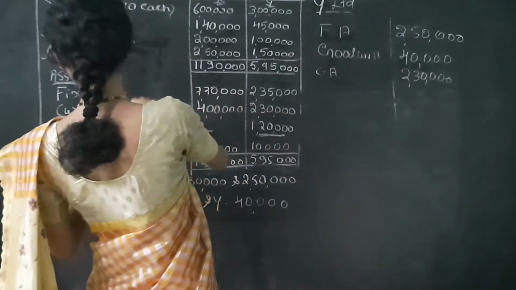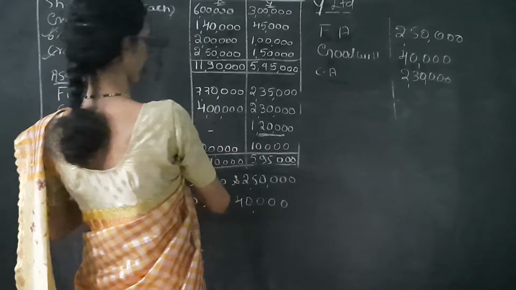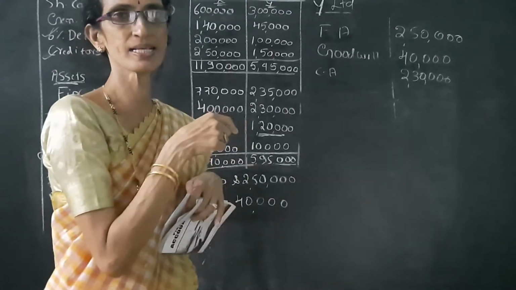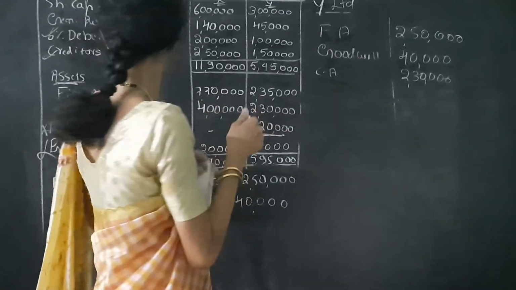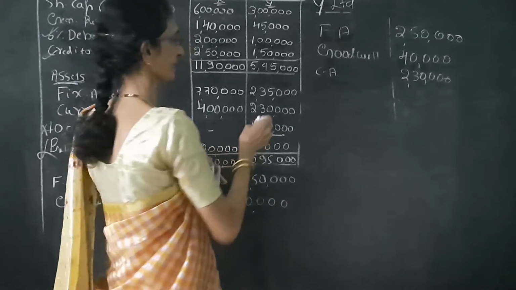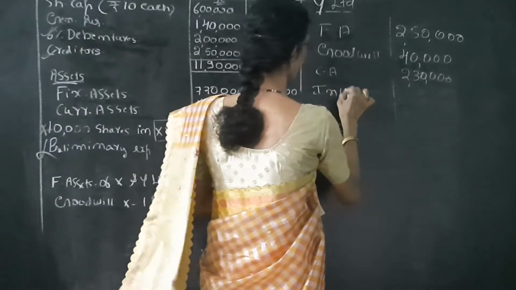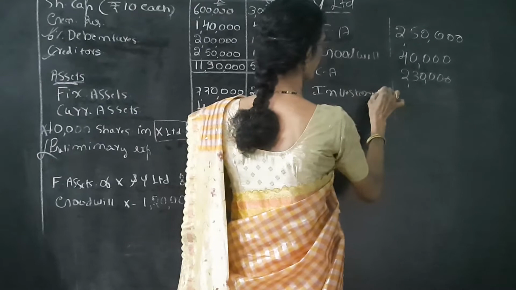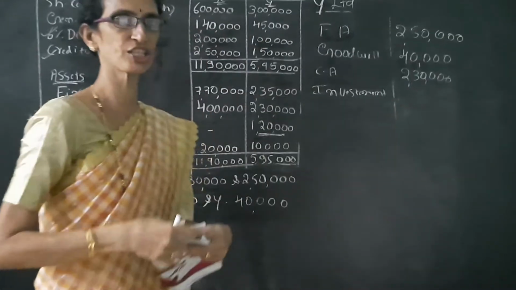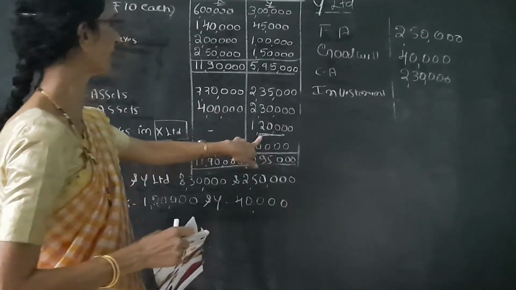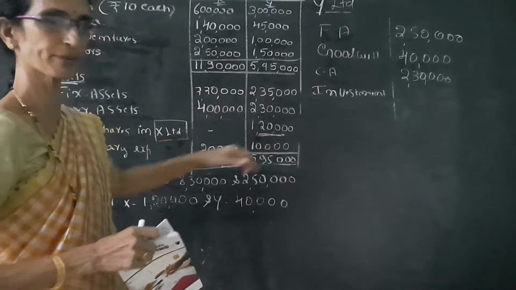Then next asset is here given. It is the investment. Shares is nothing but it is called as investment. So now we have to calculate the market value of the shares. It is given the face value of the share is 1,20,000.